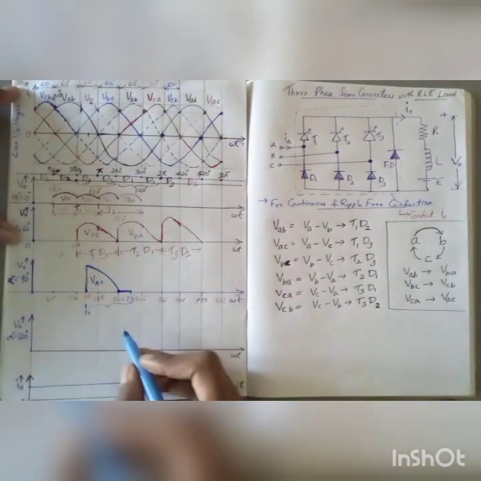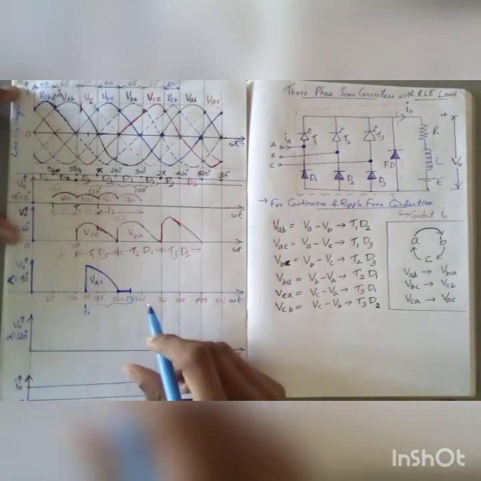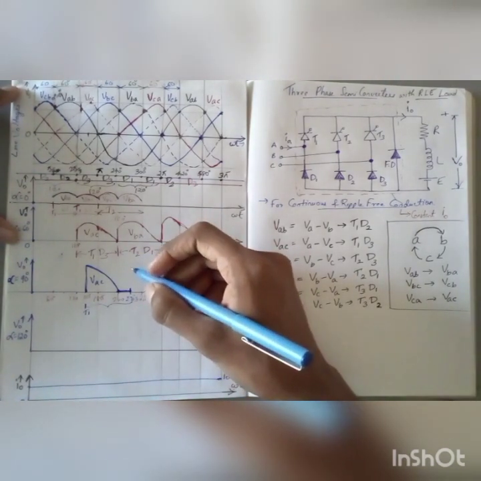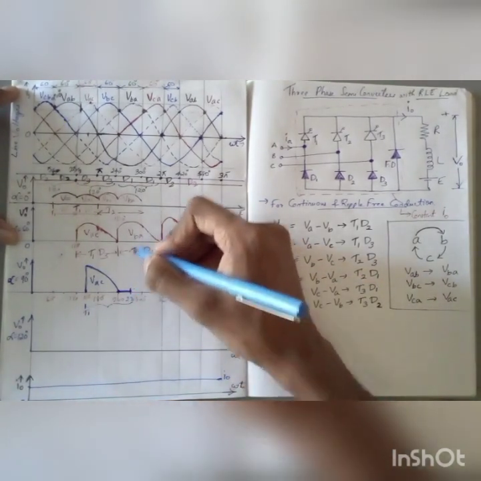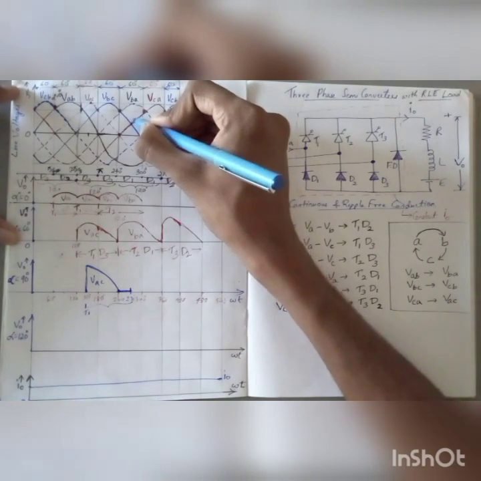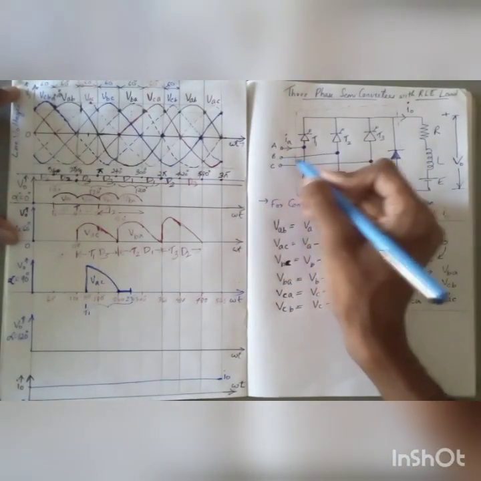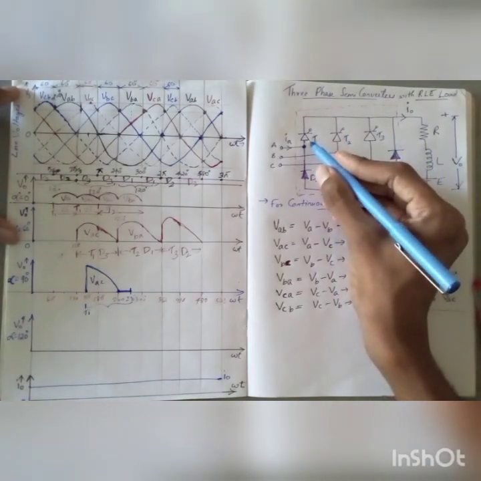Then at 270 my T1 gets turned off and my T2 gets triggered. T2 gets triggered at 270; just have a look, what is the voltage at that time? VBA. VBA means B is positive and A is negative.